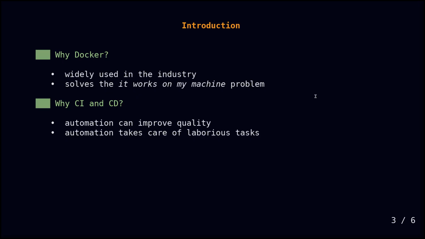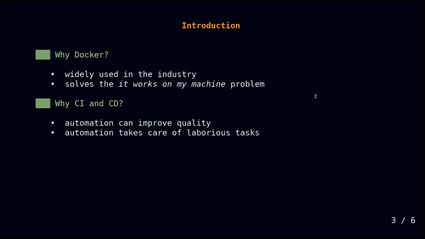Why would we adopt CI and CD? Well, the main idea with creating a formal development environment is to introduce automation and improve the quality of our project. And CI and CD are some of the ways we can address these problems.